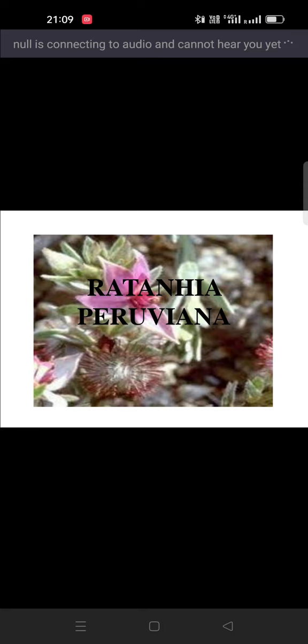If you are reading rata, then this belongs to class 4. It is very easy to remember. Just try to remember Ratania as rata. If you remember it as rata, it belongs to class 4, and rata means root. Dry root is used in the preparation of this medicine.